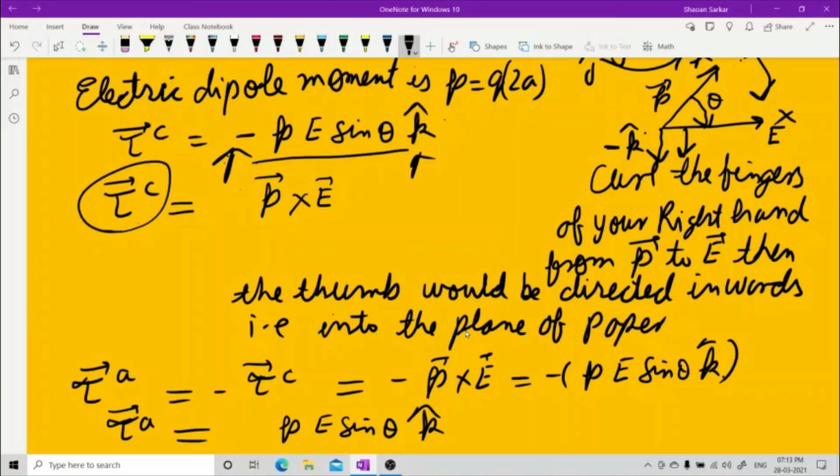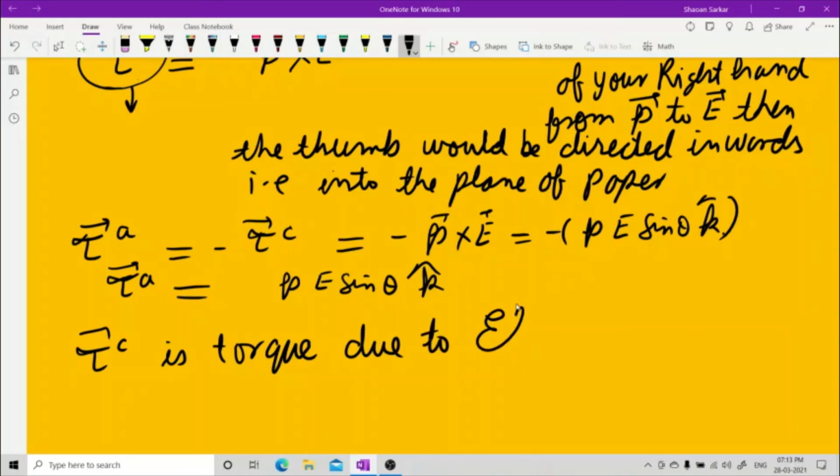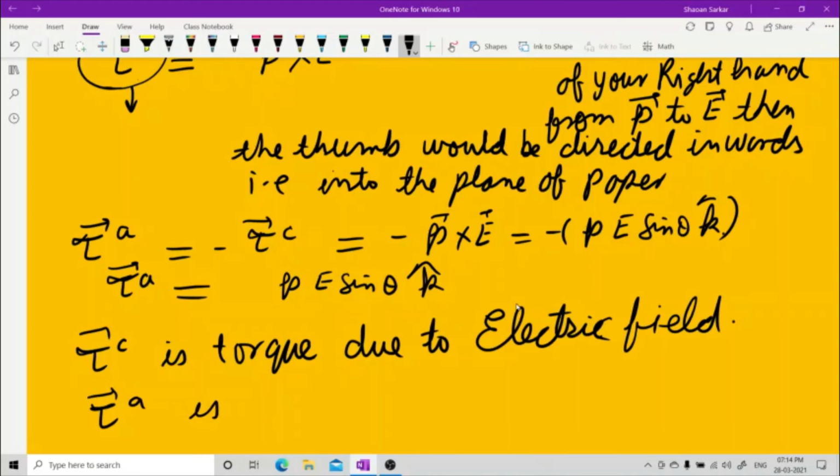So mostly you don't have to confuse this. One is due to electric field. Torque C is the torque due to electric field. Torque applied is the torque due to your applied forces.